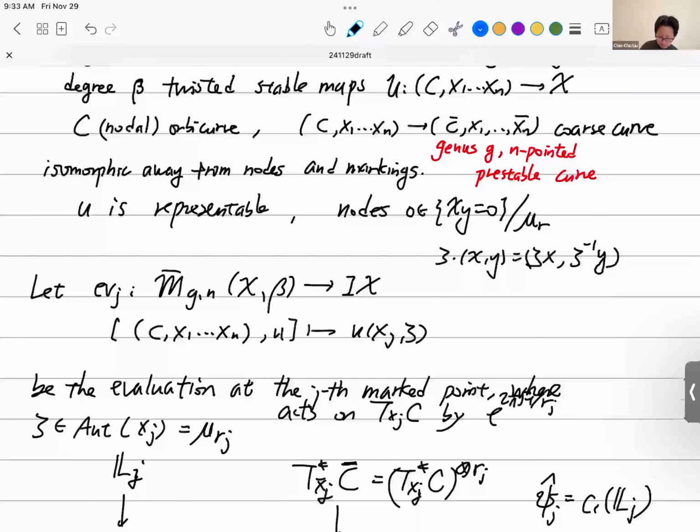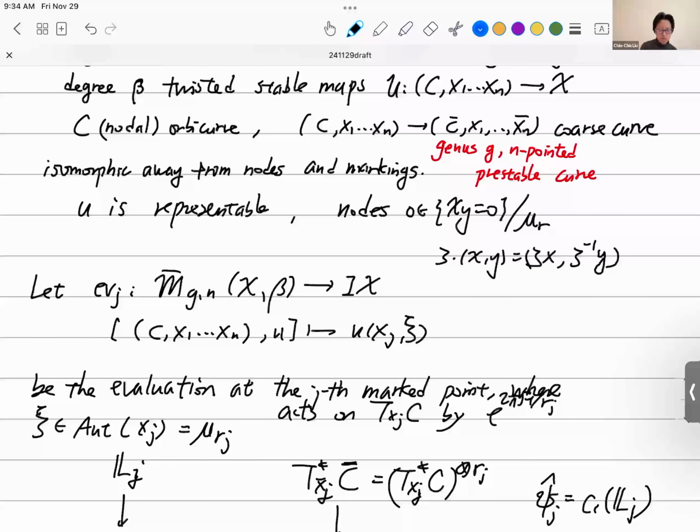Let me say this is zeta. If your x_j is actually a scheme point, then the automorphism is the identity. So if your x_j is not an orbifold point but a scheme point, the image is in the untwisted sector.